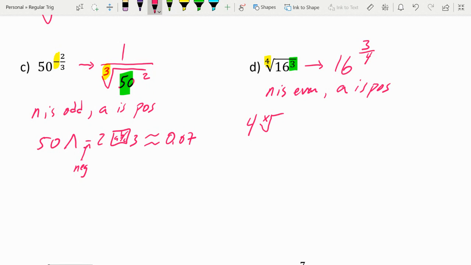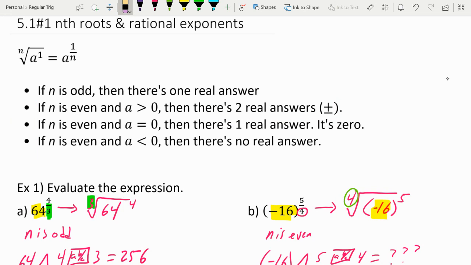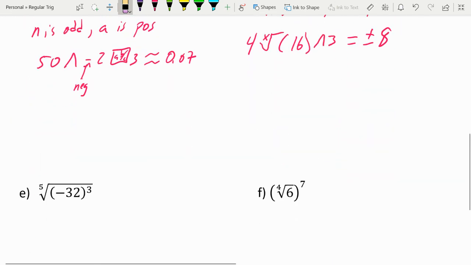Remember, it's second, the exponent key, and then open parentheses 16 caret 3, and this is going to equal plus or minus 8. Your calculator is only going to give you 8, but you have to remember there are 2 real answers. You have to use plus and minus. All right. So that's why I wanted to go through those little bullet points for you.